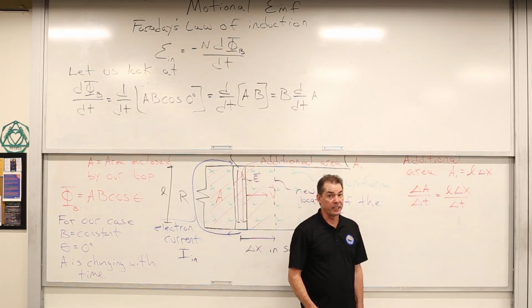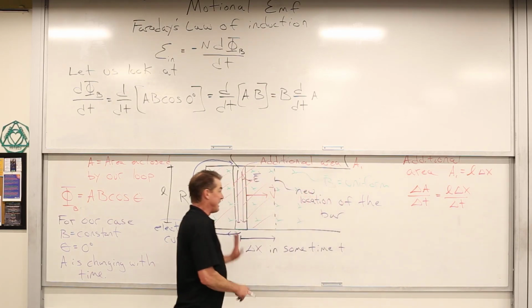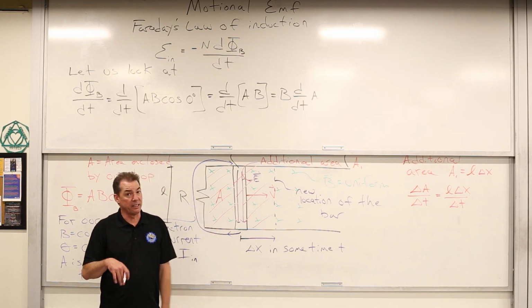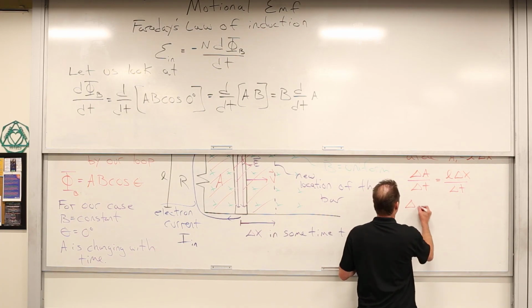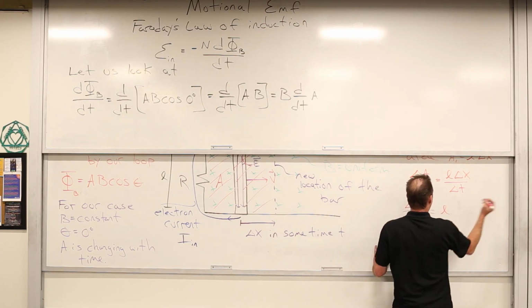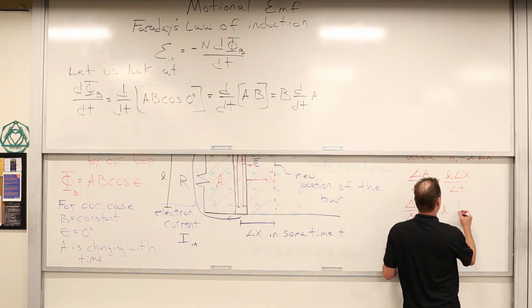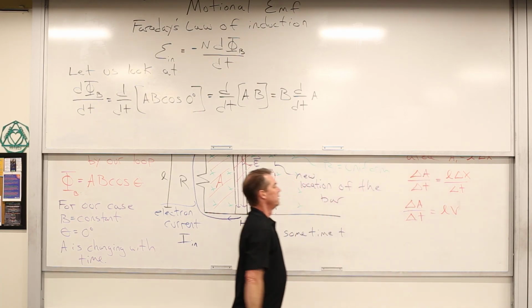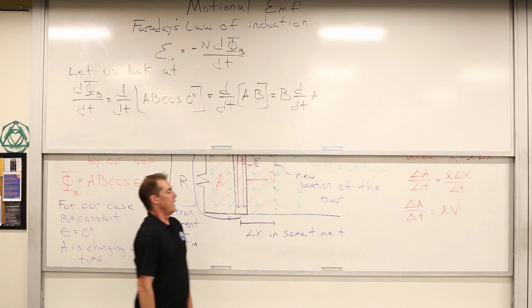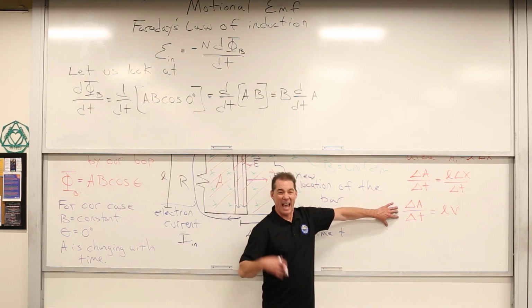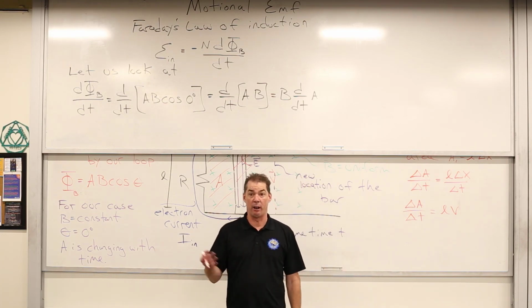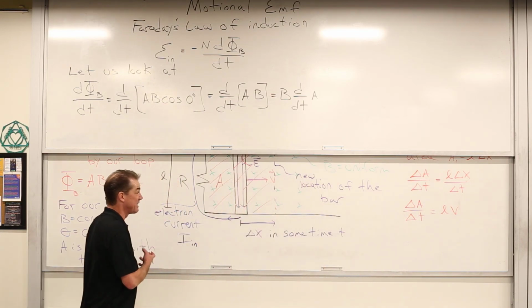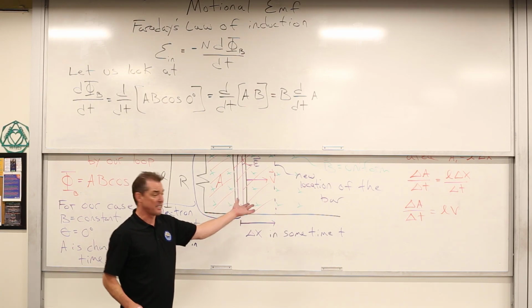What's delta x over delta t? Well, it defines an average or a constant velocity. So we can write this as delta A over delta t being equal to L times v. And this is either the average change of the area over that time interval or the constant change in area over that time interval if the velocity itself is constant, which it is in this case.